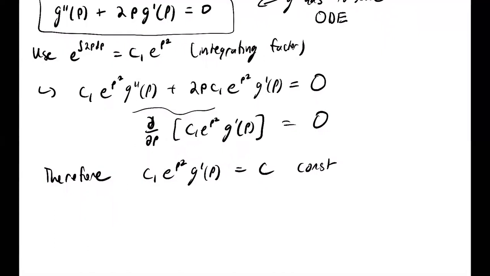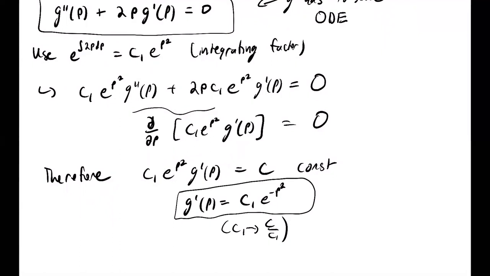And so this tells me that g prime of p has to be some constant, which I'm just going to call c1 again, replacing c1 by c divided by the other thing, times e to the minus p squared. And that's it. I haven't found g yet, but this tells me what the derivative of g has to be, where c1 is just some constant.